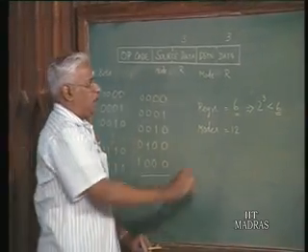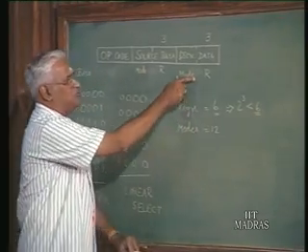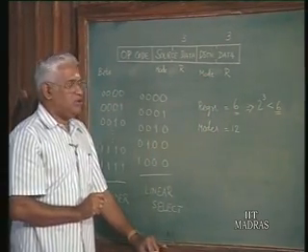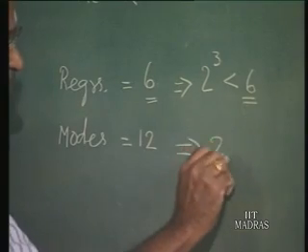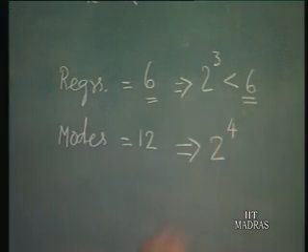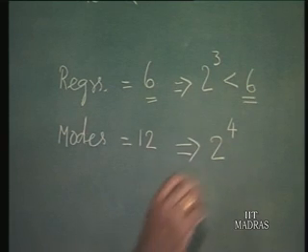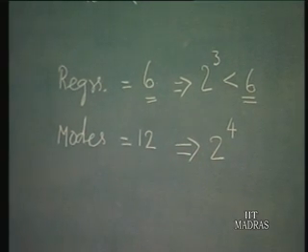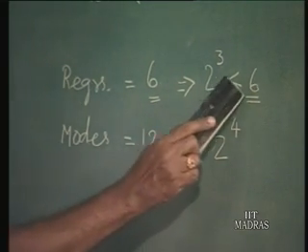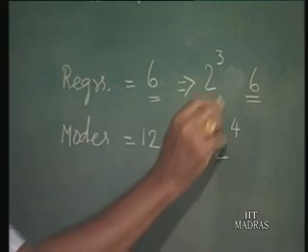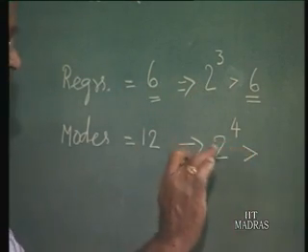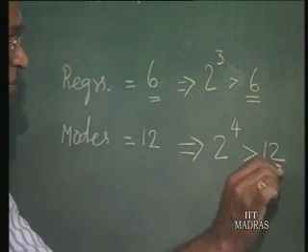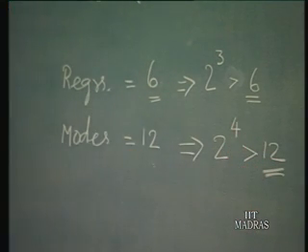The same argument with reference to modes. You have to accommodate as many as 12 different modes. This implies that the minimum you need is 4 bits, because 2 to the power 4 is 16. Similarly, here 2 to the power 4 is 16, and so 12 can certainly be accommodated. You need 4 bits here.